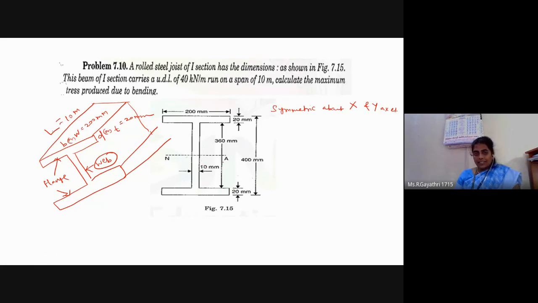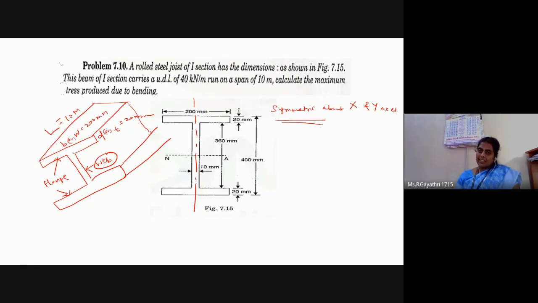Similarly, if you cut this section about this vertical reference axis, you can see the same image in the front and back. So this is known as a symmetric section about both x and y axis.